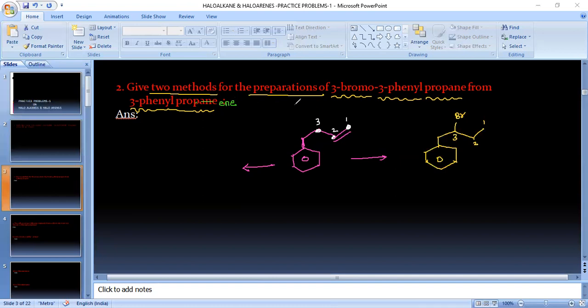Give the two methods for the preparation of 3-bromo 3-phenyl propane from this one. So here also just write down the same compound, 3-bromo 3-phenyl propane. Okay, this is the third carbon, bromine, like that. 1, 2, 3. 3-bromo 3-phenyl propane.